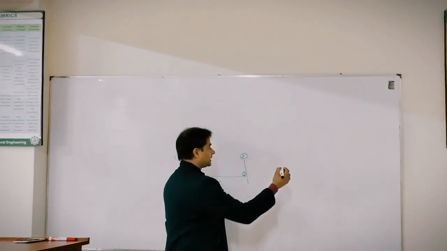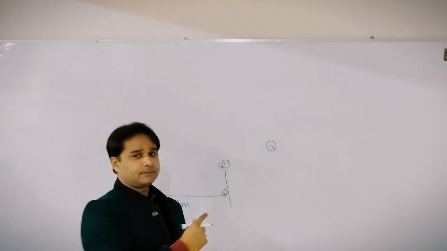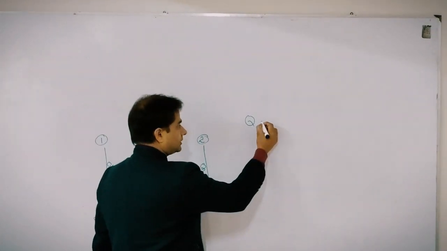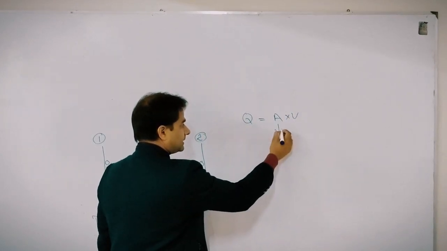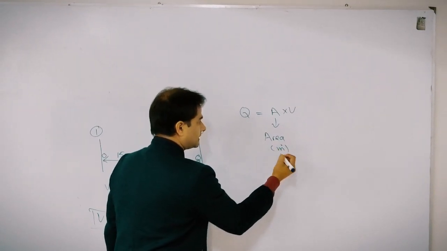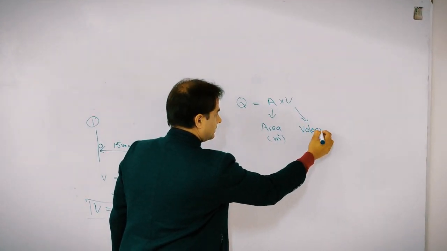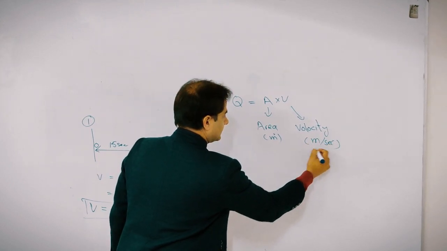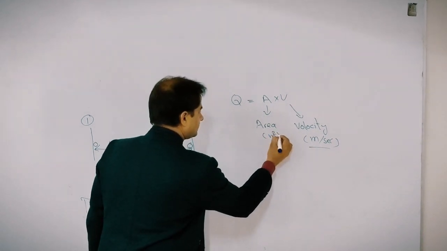The discharge or flow rate is represented by Q. The formula for the calculation of discharge is Q equals A into velocity, where A is the area, which should be in meter square, and V is the velocity, which will be in meter per second.